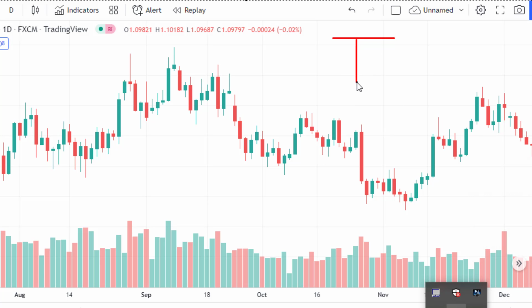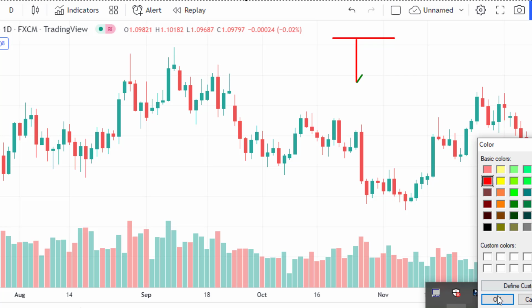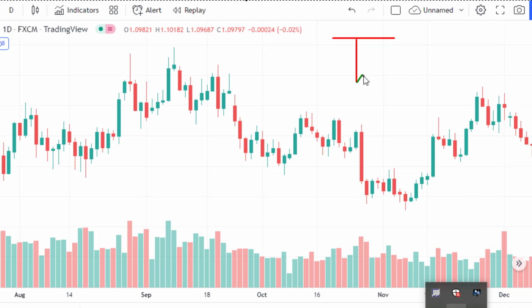If we see buyers turning the market to the upward direction, it's okay, but the movement of the buyers is not so strong. It's very weak buyers, one or two, and after that the market again falls down very strongly.